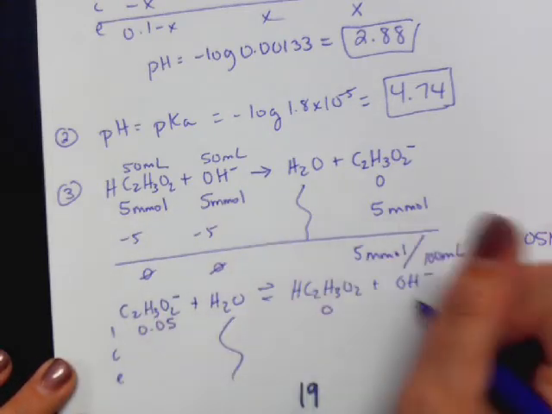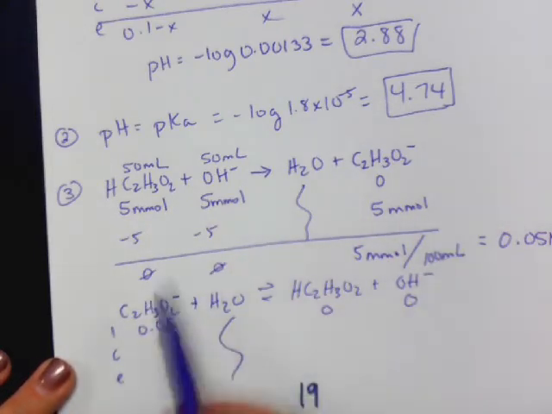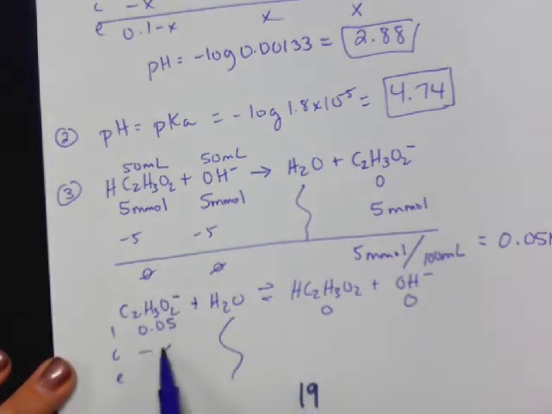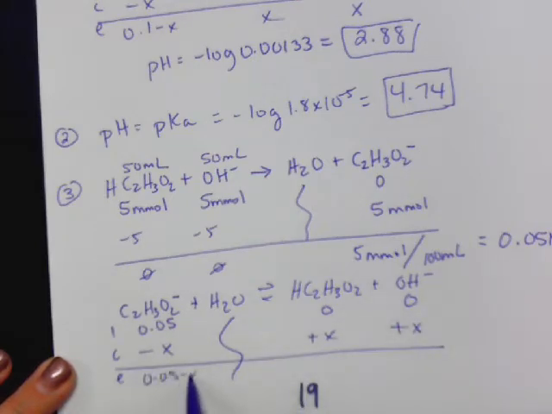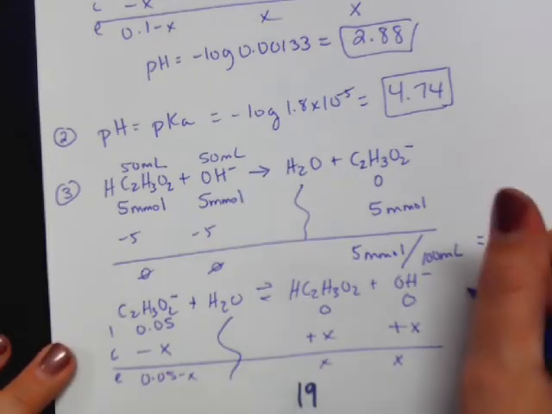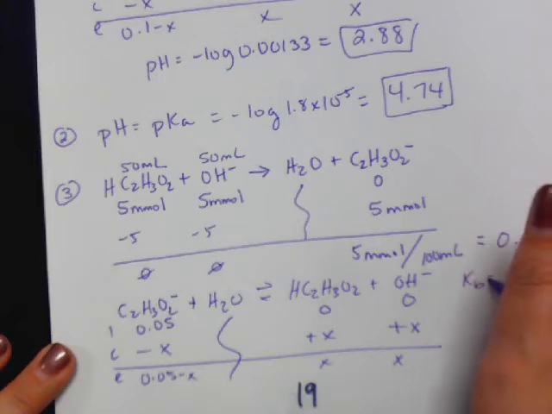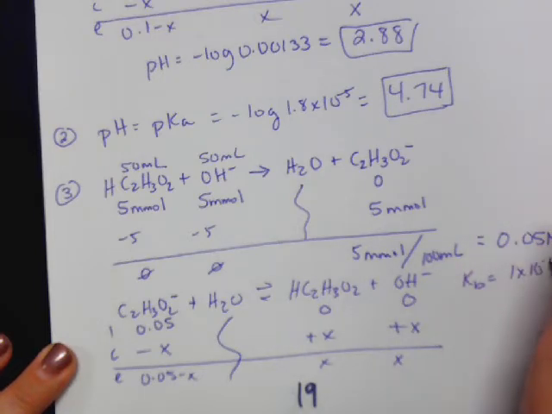Again, we didn't have any of either of those. We consumed those. So now our equilibrium shifts to the right, and then we get 0.05 minus x, and x. In this instance, we have a Kb since we have our hydroxide. So to find our Kb, we do 10 to the minus 14 divided by our Ka, which is 1.8 times 10 to the minus 5.